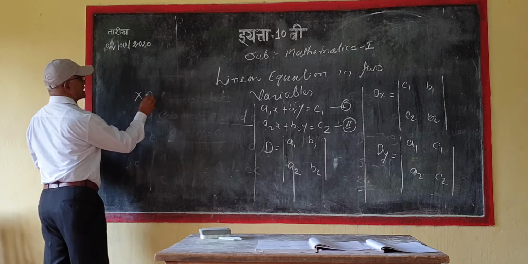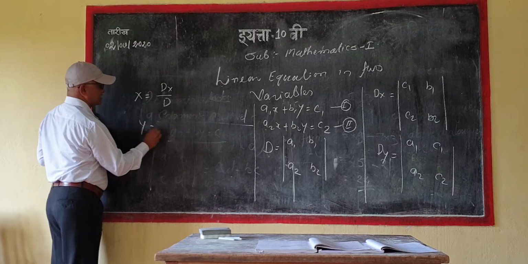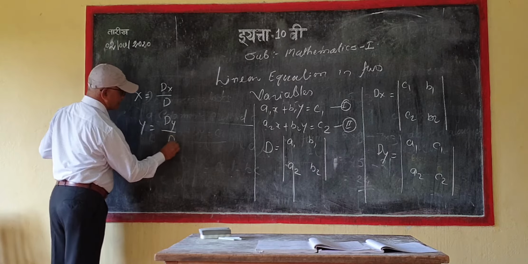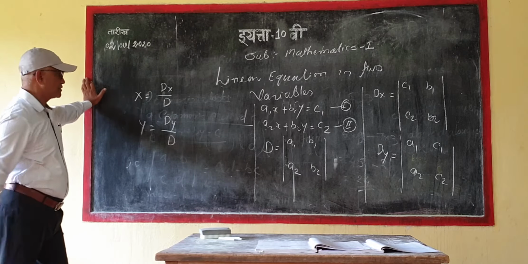So x is equal to Dx upon D, y is equal to Dy upon D, which are the solutions of these two equations.